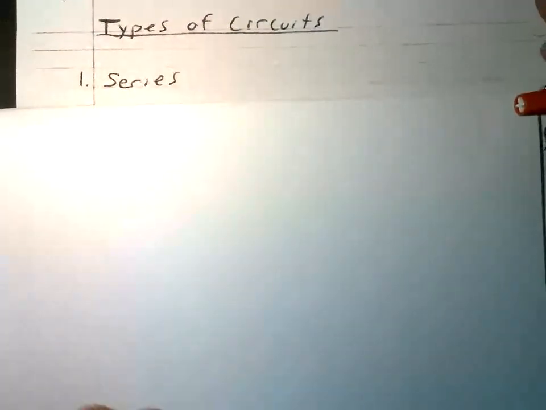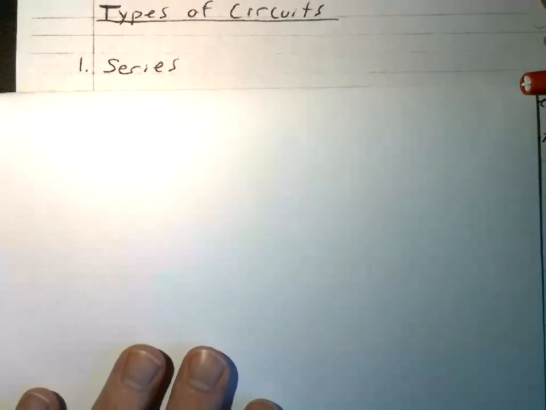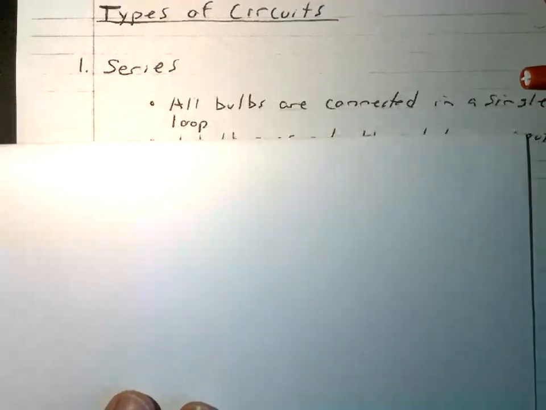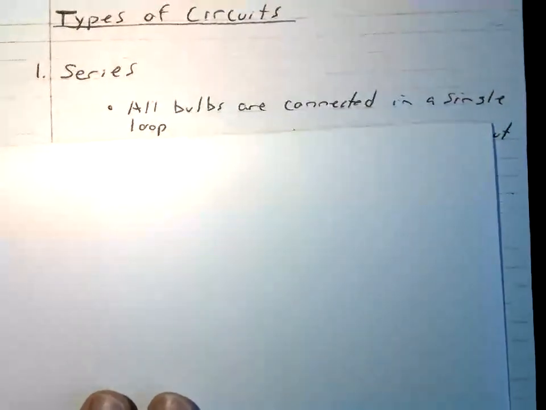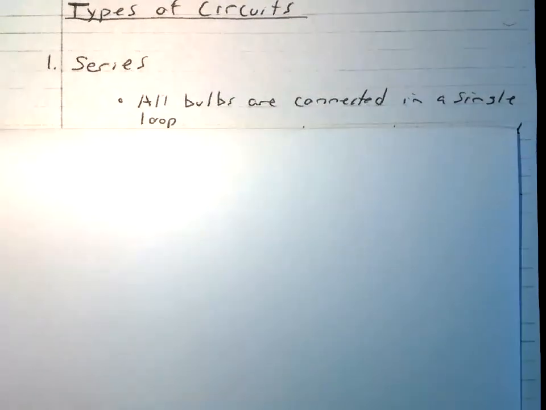So let's look at a series circuit. A series circuit is kind of like if you have all your light bulbs, or all the resources that you're trying to light up, connected into what we call a single loop. We're going to explain this in a little bit, but the first one is called a series circuit.